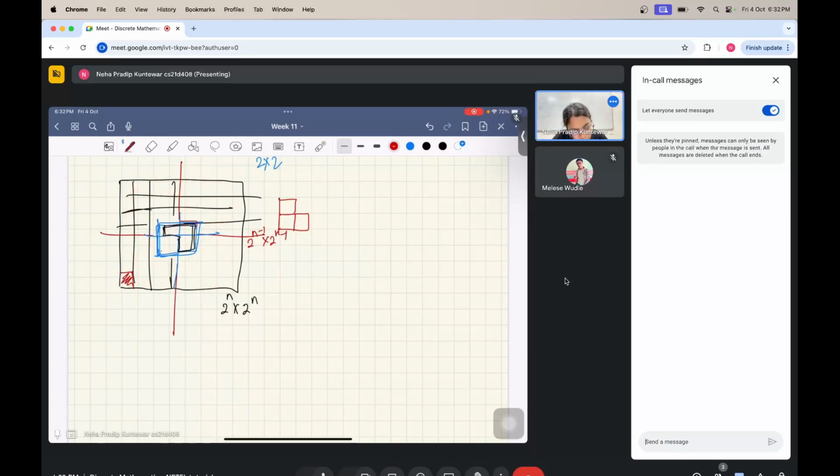So T of n would be that you place your L-shaped tile here, then you solve your four subproblems for n by 2, and that's it, plus some order one time.